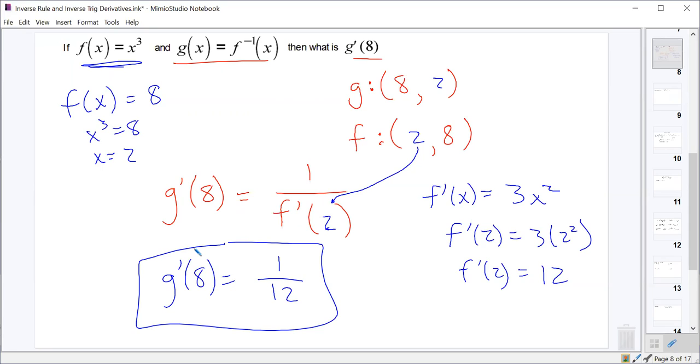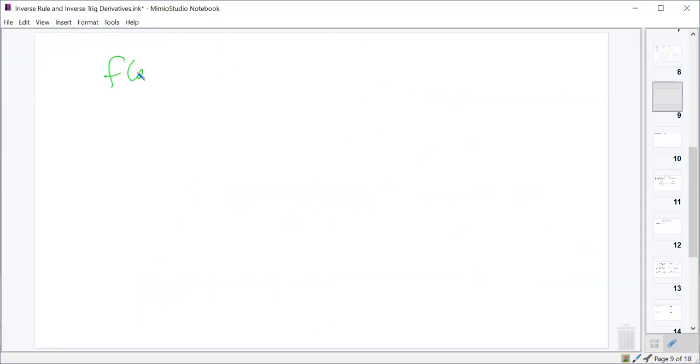Good. All right, cool. So let's just for fun, if f of x was x cubed, how do we figure out what the inverse function of that is?